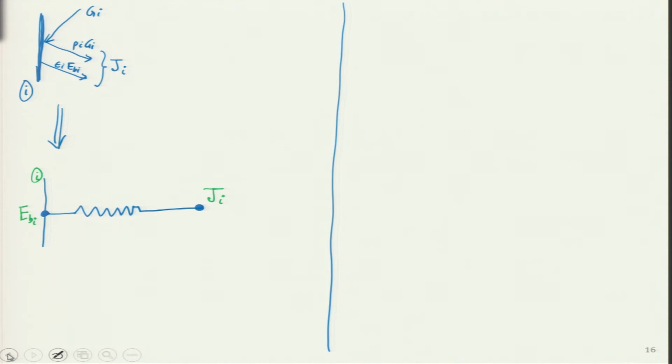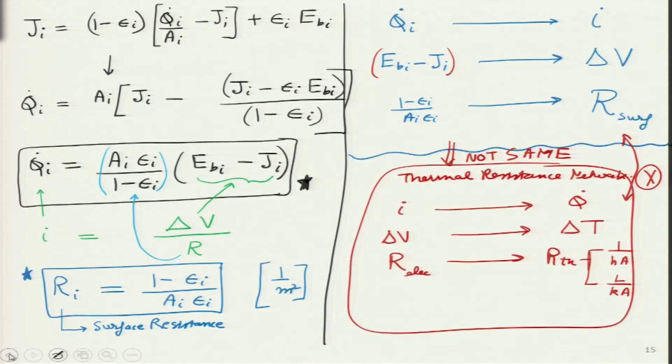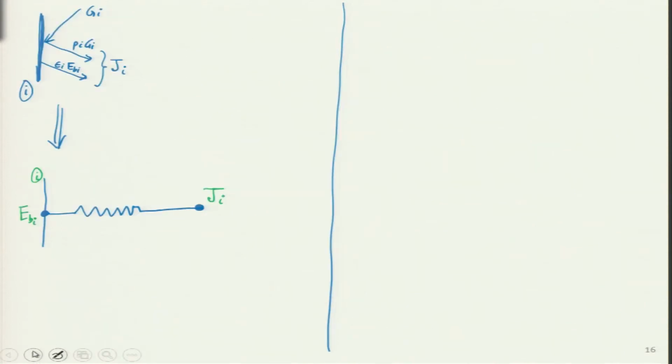If I go back to the previous slide for a minute, the voltage drop term has the difference of two voltages, like delta V is V2 minus V1 divided by R. We need two voltages between which there is a resistor, and then current will flow. The current that flows here is not I in amperes, it is going to be Q dot.